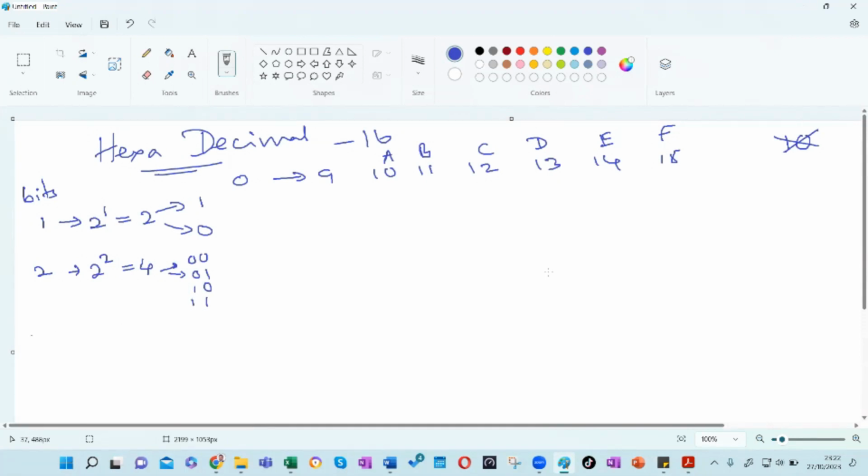Now tell me, if I want to show 16 values, how many bits do I need? Those who did today, don't say it. The other group, if I want to show 16 numbers, how many bits do I need?